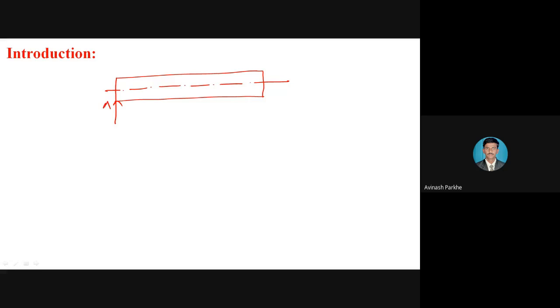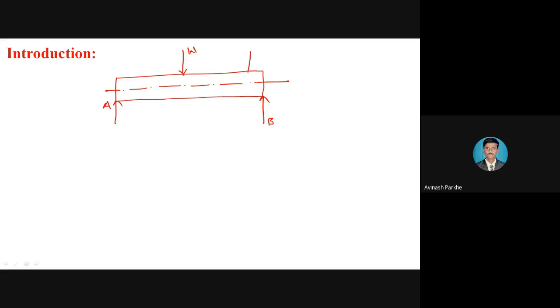This is supported at point A. Another support is given at point B, and it is subjected to the point load at center. How much load is applied? This W amount of load is applied. So this is the simply supported beam, supported at the two ends, and one point load is applied at the center point. So what happened?